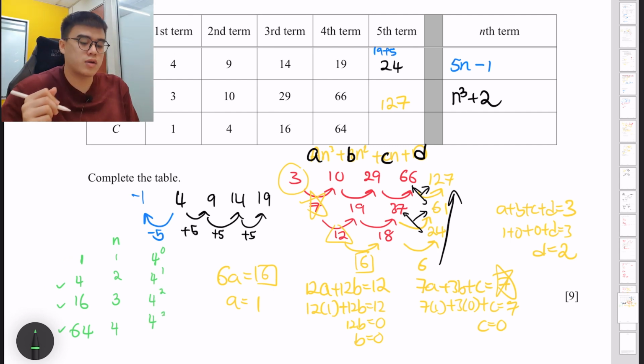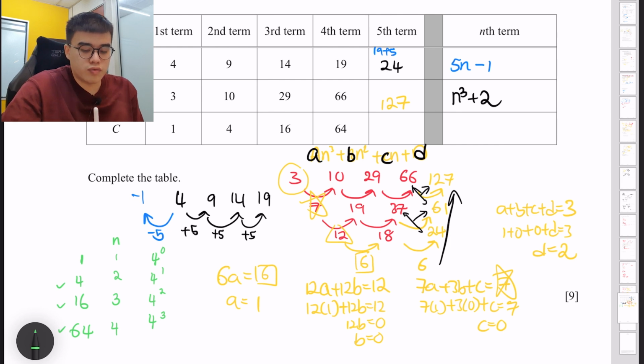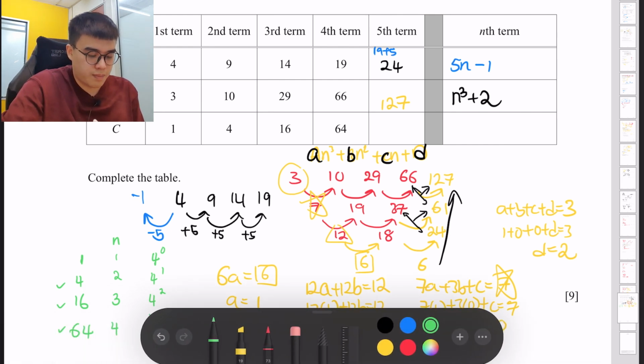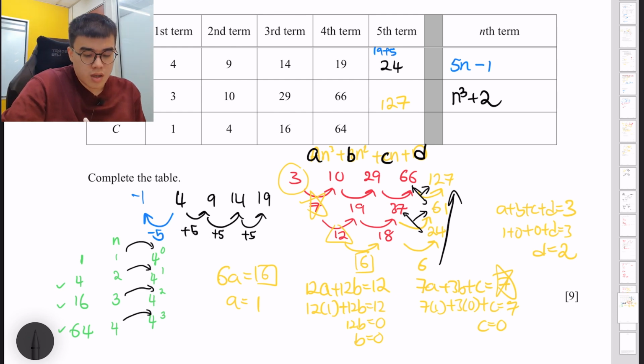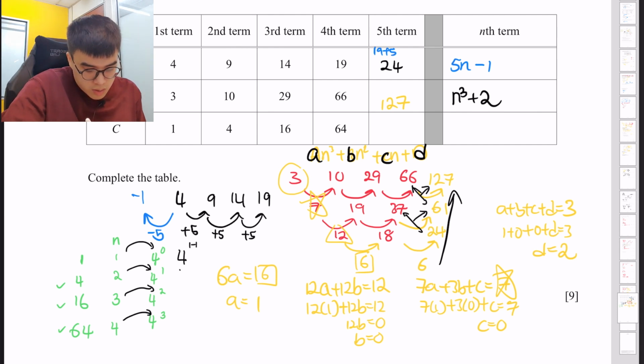Okay, then you're going to check how you relate these two things up. Then you will notice you can actually set it as 1 minus 1, 2 minus 1, 3 minus 1, 4 minus 1.